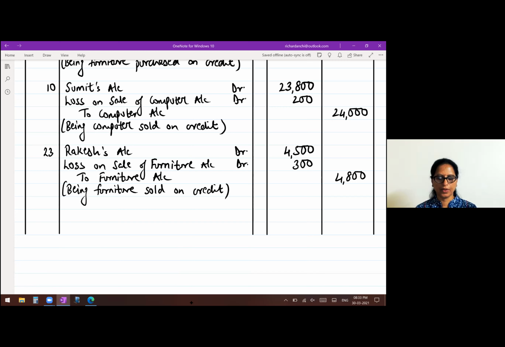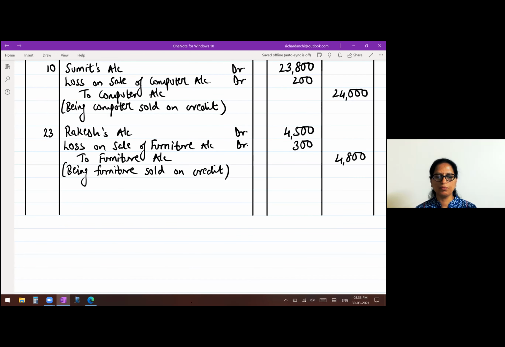26th. Returned to Messrs. Shyam Furniture Works office furniture of 4,500. So now again furniture which was purchased is being returned. So it will come again in journal proper. Date is 26th. Entry will be Messrs. Shyam Furniture Works account. So returning, so he's the receiver, debit the receiver.